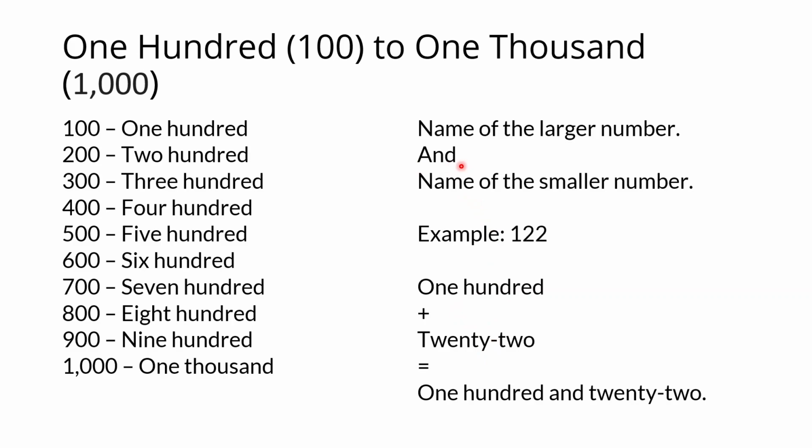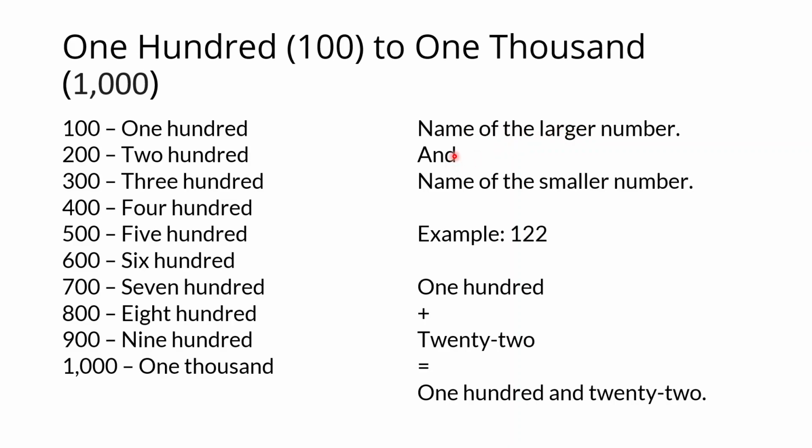So whenever you see anything talking about hundreds, the number that you're joining it with immediately after has to have an and after. So you'll have the name of the larger number, which will be like 100 or 200 or however many hundreds it is.